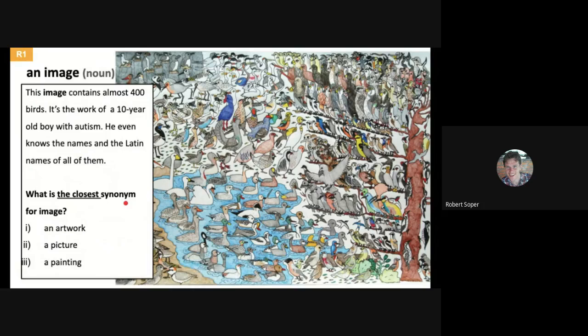Or is it a painting? Good. Hopefully you got that correct. An image is a picture. So the closest synonym for image is number two, picture.